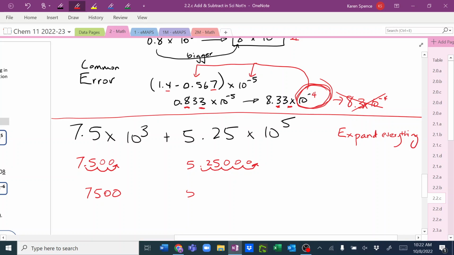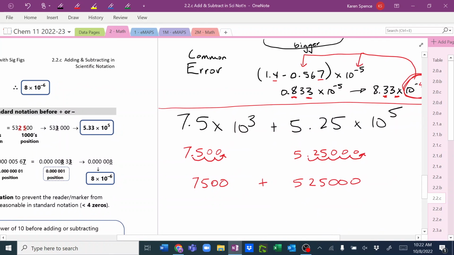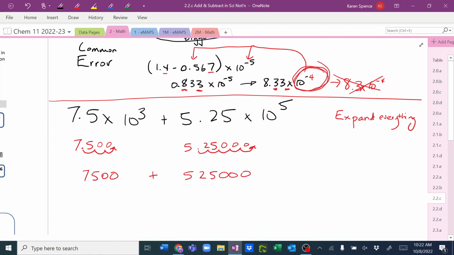So we now have 525,000. All right, we add those two, and we get, what do we get? Oh, I'm going to cheat and look over here, 533,000. Okay, so that equals 533,000. Our uncertain digits are in the hundreds position and in the thousands position.